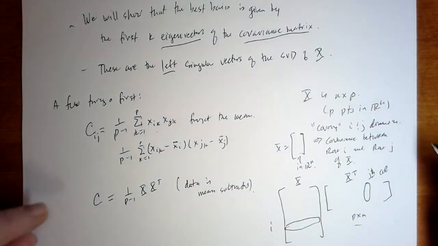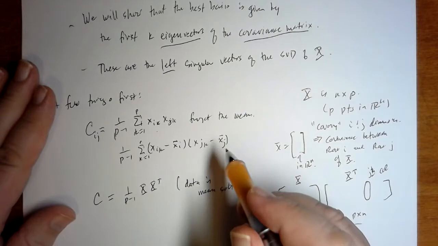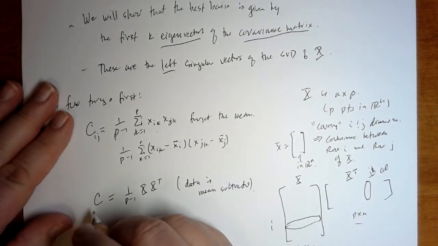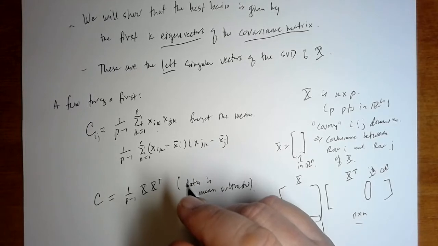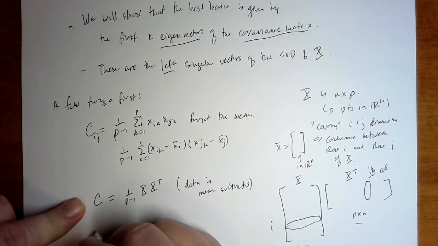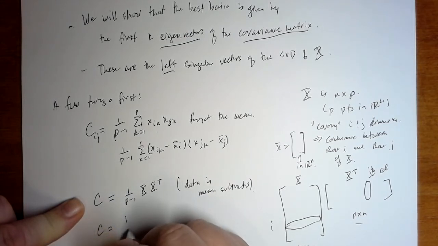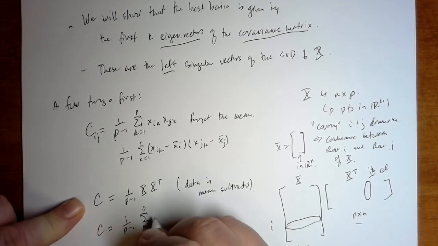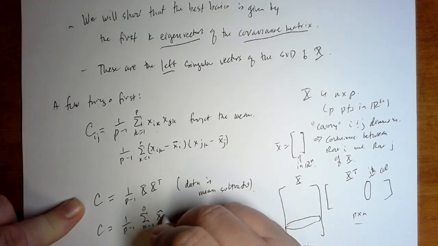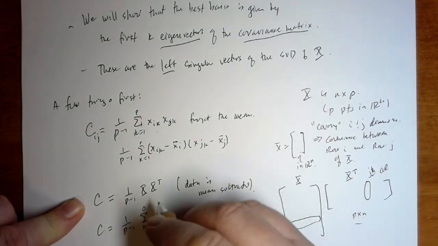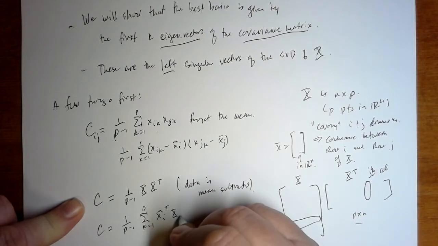I've run out of time, but we also wanted to note that this can actually be written as 1 over p minus 1 times the sum from k equals 1 to p of the kth column of X times its transpose.